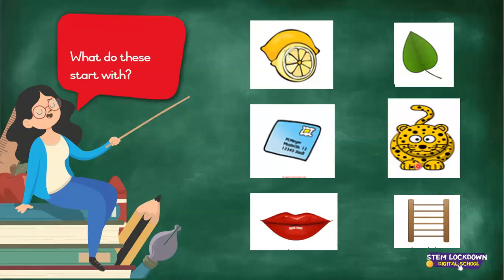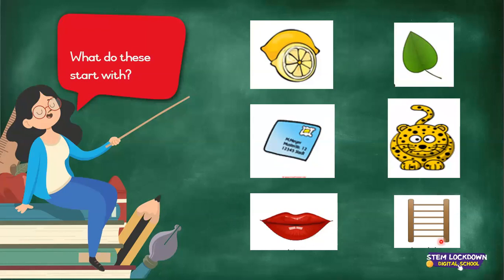And this animal over here? A leopard. What does it start with? L. This over here? Lips. What does lip start with? L. Very good.